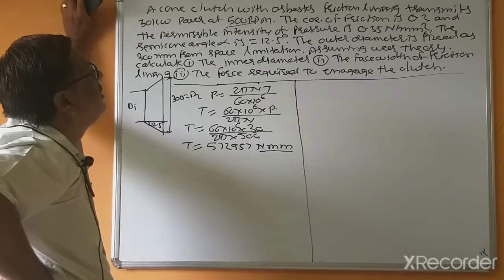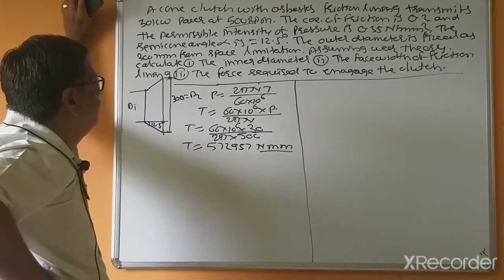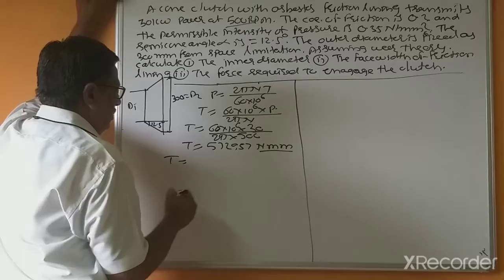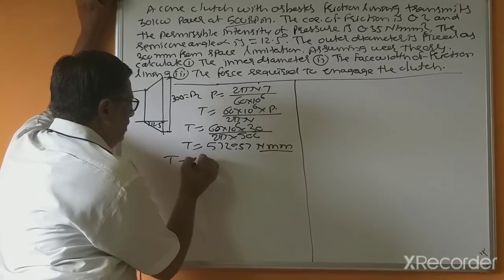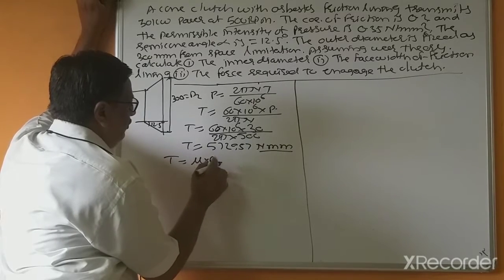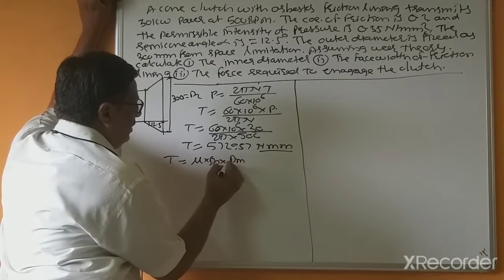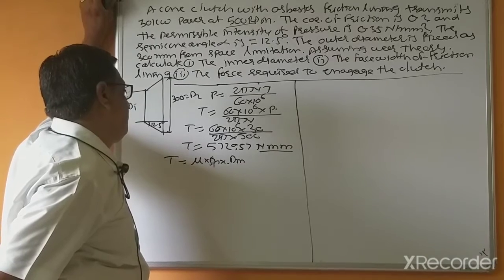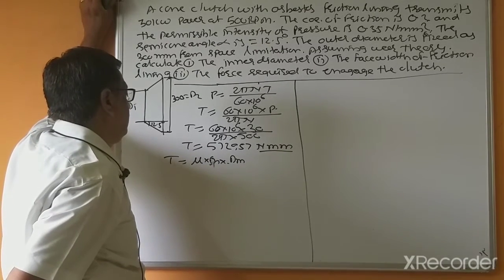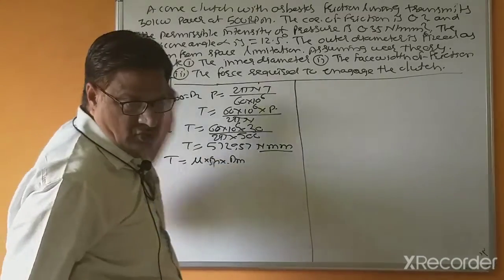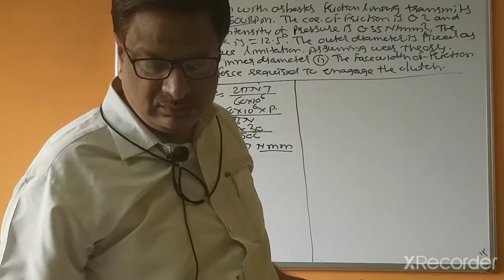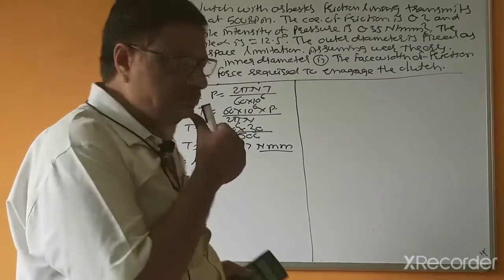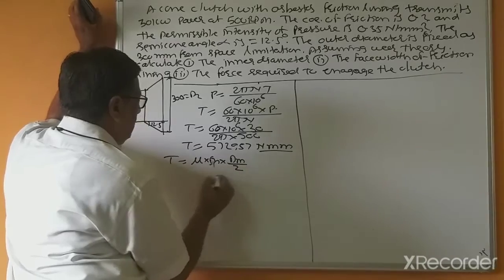So in this case, P is not given. So torque equal to, we will use the basic formula, mu into frictional force into dm divided by 2.